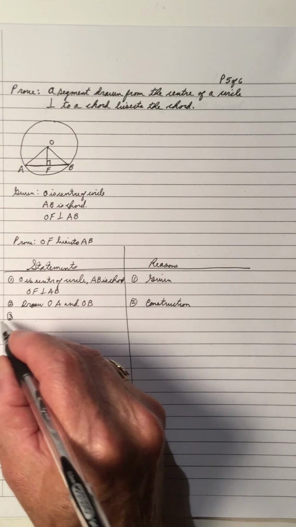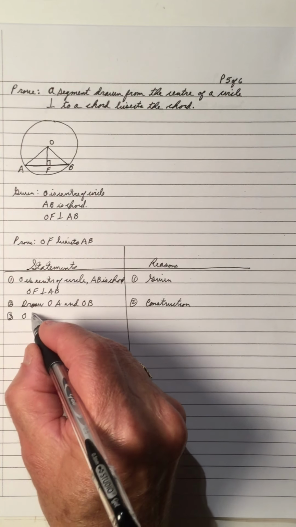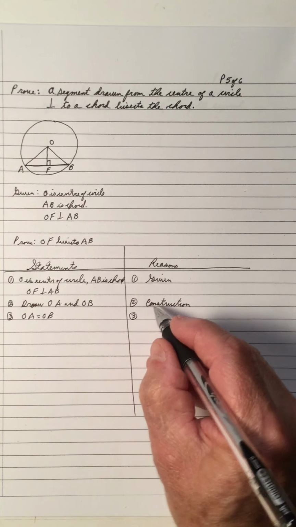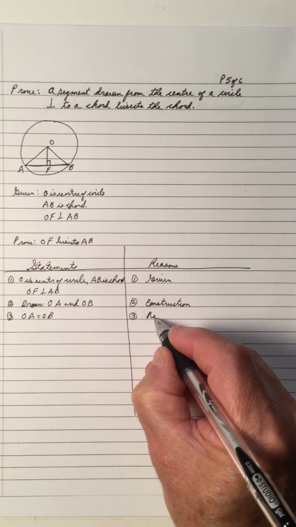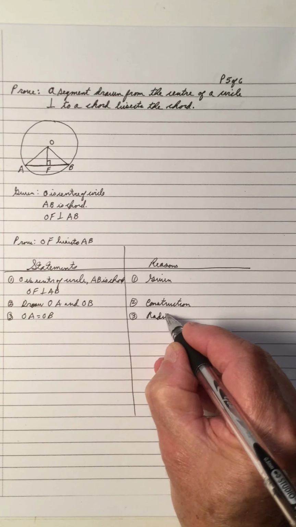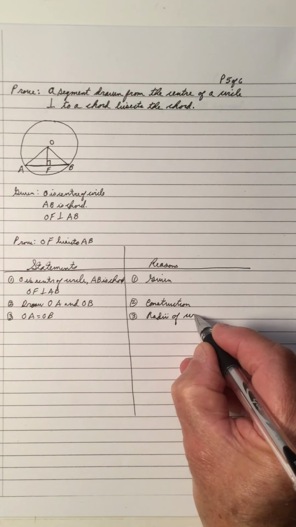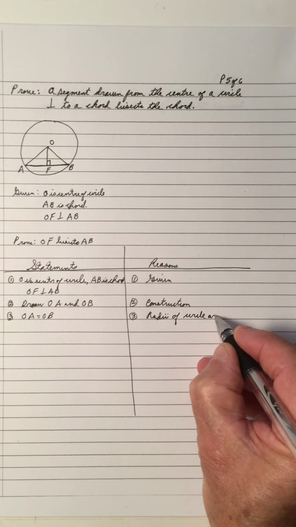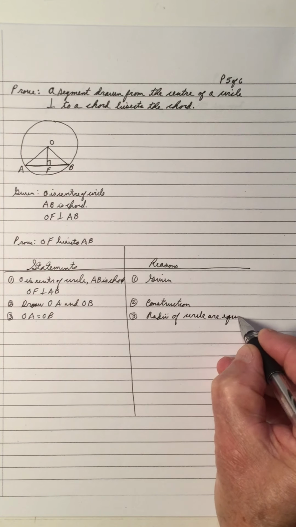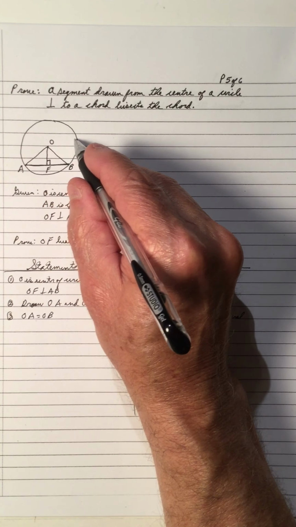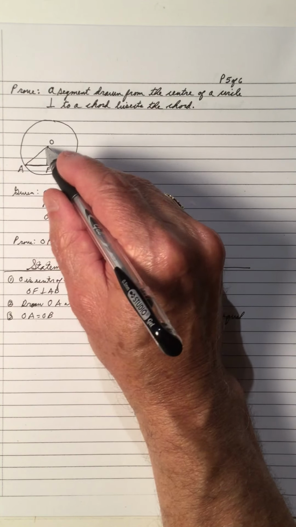And as a result, we have that OA equals OB. And the reason, radii, plural for radius, radii of a circle are equal. Because in any circle, if I drew this segment right here, that would be equal to OB and OA.